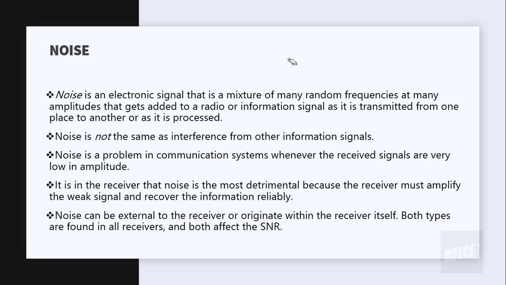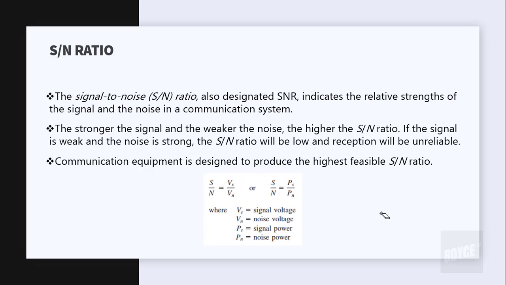And in our receivers, both type of noises will actually affect yung sensitivity natin. Bakit? Because this will affect the signal to noise ratio. The more the noise, lalong tumataas yung ating noise level. Pag tumataas yung noise level natin, itong signal to noise natin ay bumababa. Okay, so that is noise.